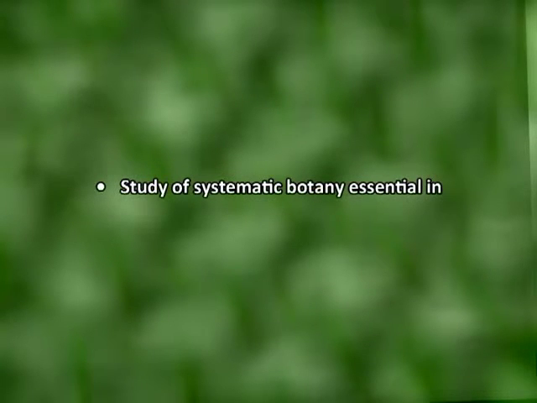The study of systematic botany is also essential in agriculture and horticulture. To get resistant varieties of crops, crossing is needed, which is furnished by foreign seeds and plants. The foreign seeds and plants are introduced by men who have sufficient knowledge of systematic botany.